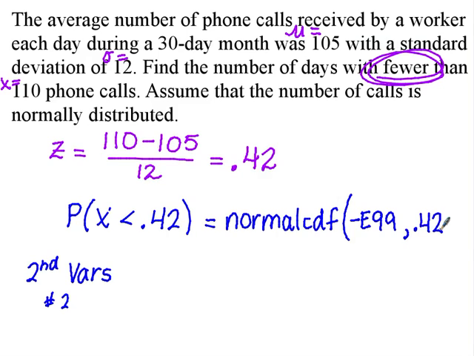You're going to go up to 0.42: negative E99, 0.42, and then comma 0, comma 1, and then end parentheses.